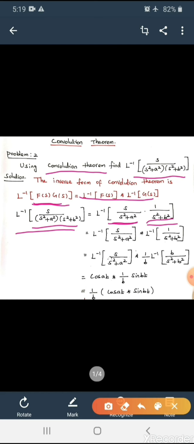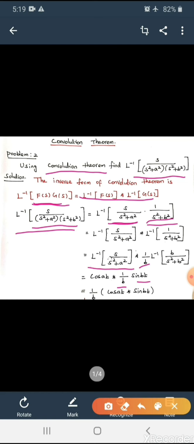Now if we apply the inverse Laplace transform formula, we know that L inverse of s by s square plus a square is cos at, convolution, that 1 by b is a constant, you keep that constant as it is, into L inverse of b by s square plus b square is sin bt. Now we are taking that 1 by b outside, remaining term will be cos at convolution sin bt.